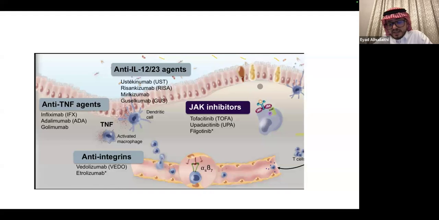A lot of data have shown that steroids have been used less and less in those patients, as it works as a steroid sparing agent, and it has a lot of good mucosal healing data. But the pitfall is that it can cause cardiac and lipid issues, so I don't think it will be approved anytime soon.